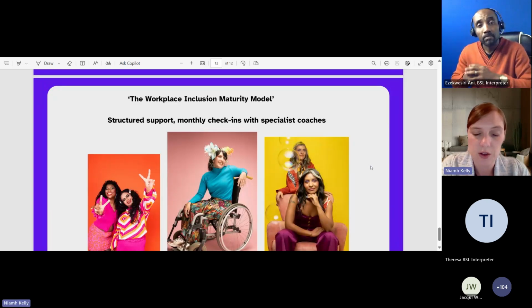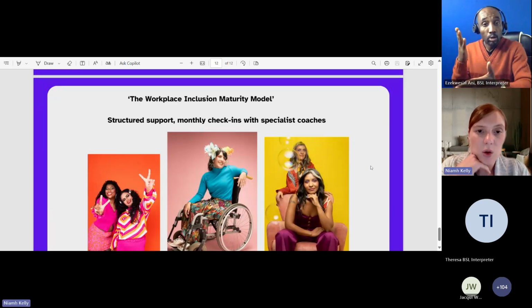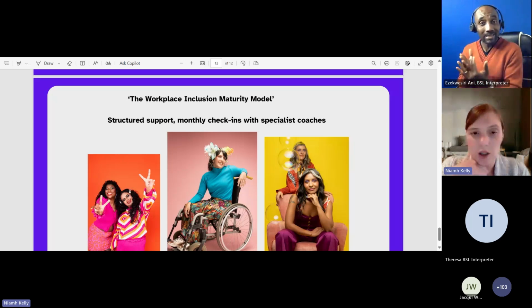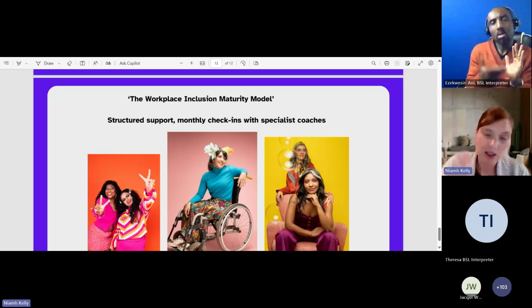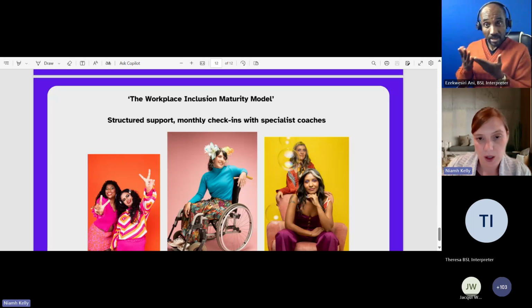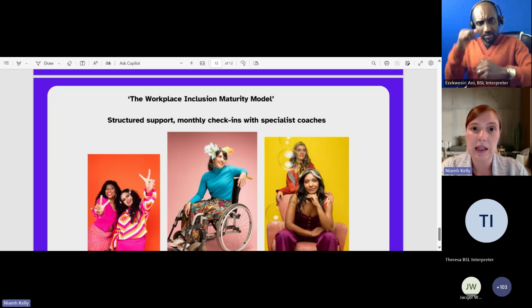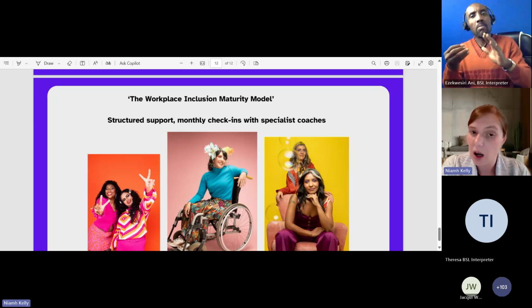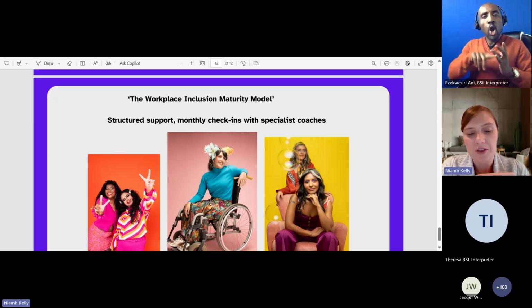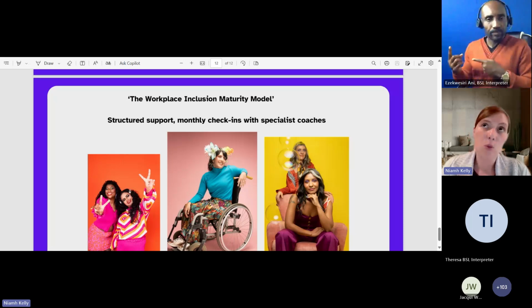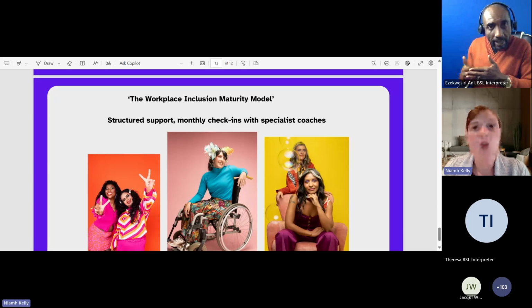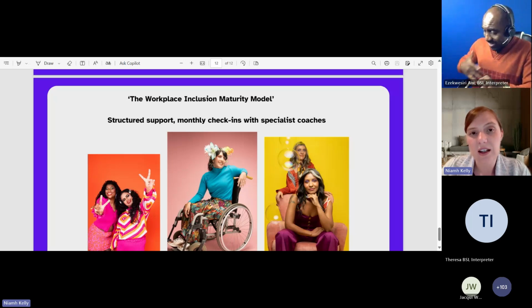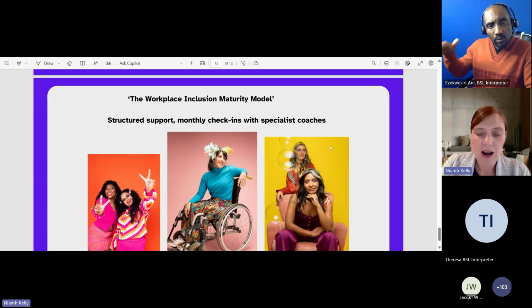So through Leaders for Accessibility, through the network, and this workplace inclusion model, what we have prepared then is that systematic, structured support where you get, let's say, an account manager, could be somebody like Connor, somebody where you have regular check-ins with the voice of lived experiences to try and think about processes from their point of view.